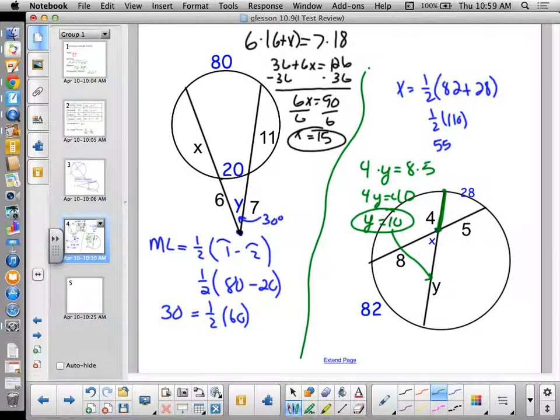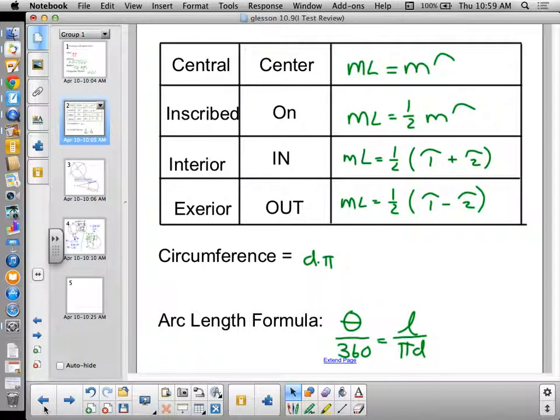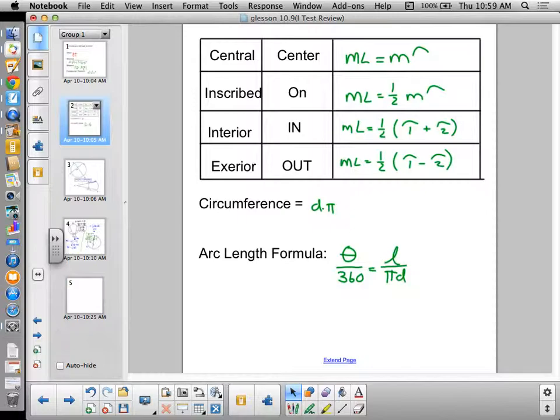Oh, you know what equation I didn't write down in the equations we need to know? I did not write, and we should have on here, equation of a circle. What is the equation of a circle?